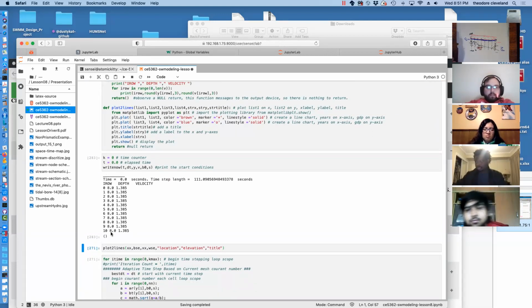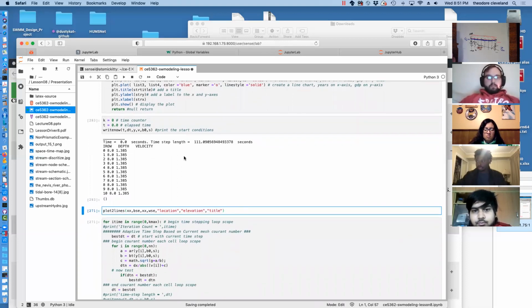So the depth is set to 8 everywhere, and our velocity computes as 1.38 everywhere. Our current time is 0 seconds. The best time step length that we expect to use is 111 seconds.